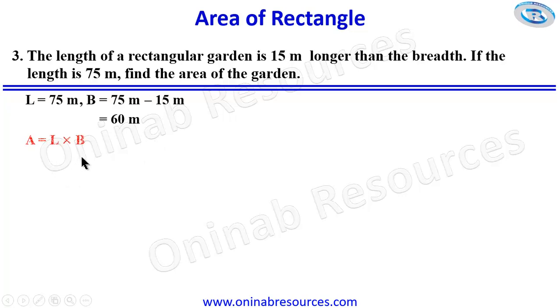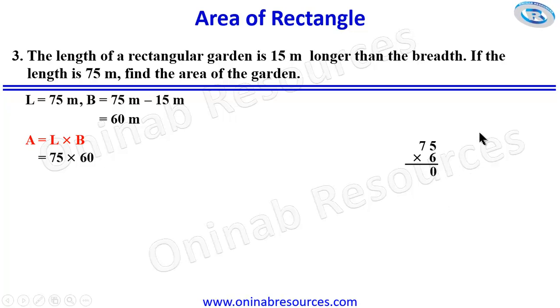So we go ahead now to multiply the length and the breadth to give us the area. That's 75 times 60. I'm going to multiply 75 by 6 and include the 0 thereafter. So 75 times 6. 6 times 5 gives 30.